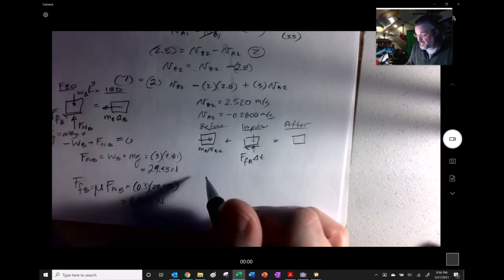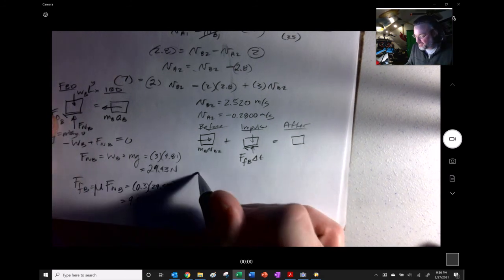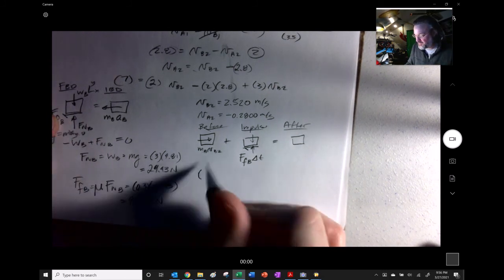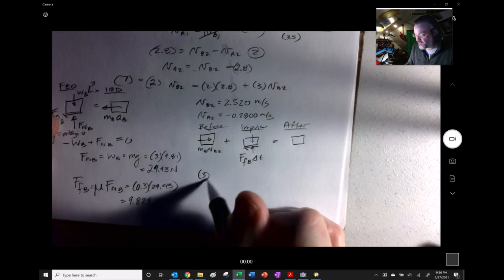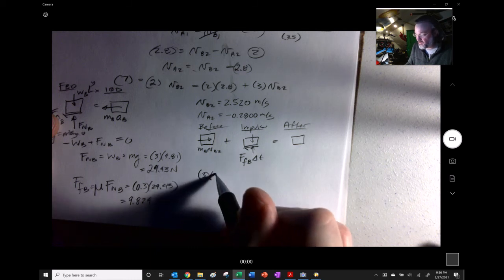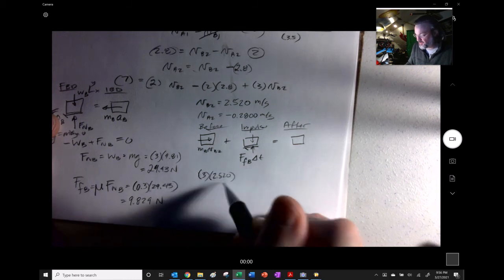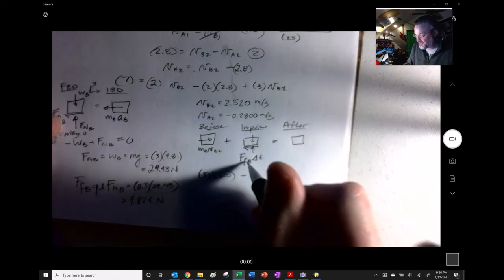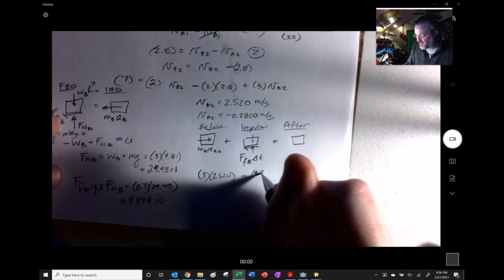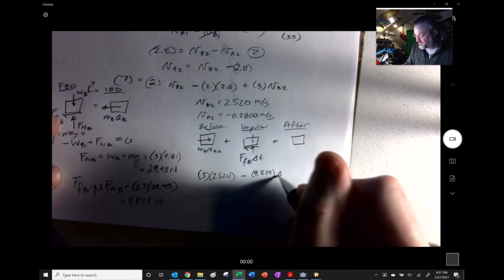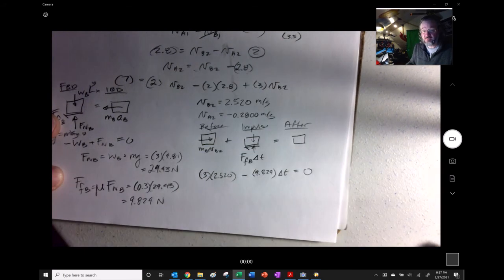So we can write that out, and we can say this is positive right here. It's going to be 3 kilograms times our 2.520, minus, because it's a negative direction here, the friction force times delta t, equal to 0.